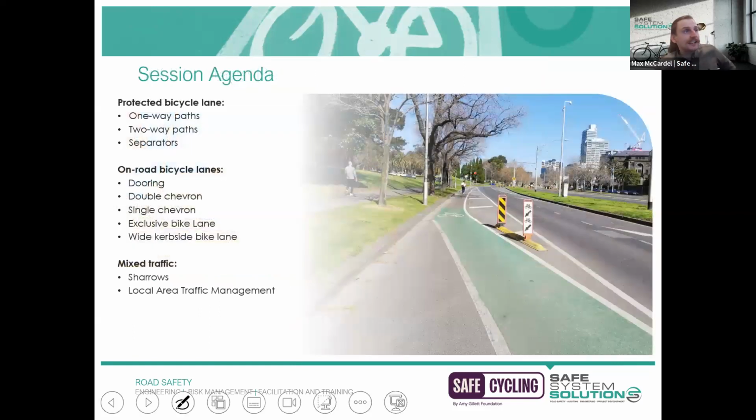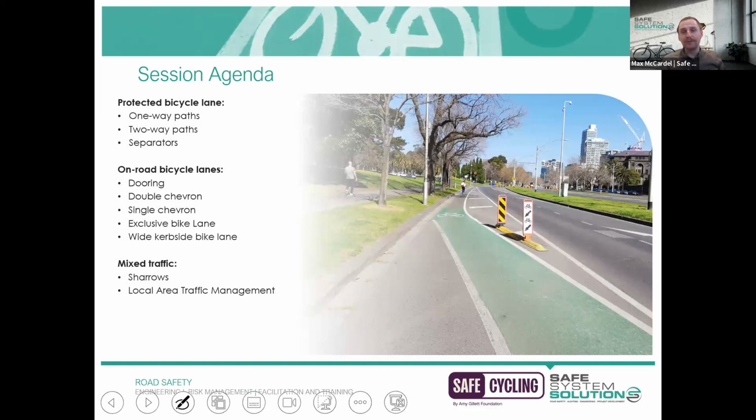So as I mentioned, today's session will all be about on-road facilities. So where we are unable to use off-road, well away from the carriageway, we just don't have that land available, or we've got specific constraints, meaning that we need to use the actual carriageway, this is where this module will come in handy.